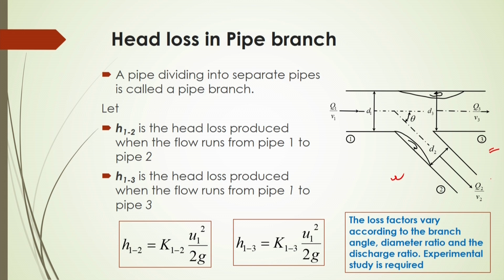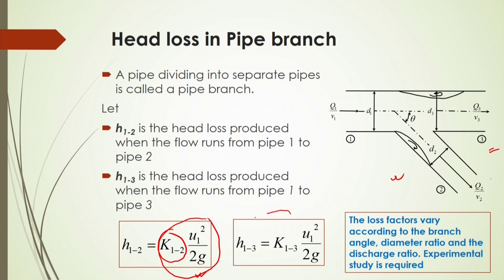The head loss between 1 and 2 can be expressed as H12 equal to K12 u1 squared by 2g. Here u1 is the velocity of the fluid flowing through pipe 1, and K12 is the minor loss coefficient of the flow from pipe cross section 1 to pipe cross section 2.